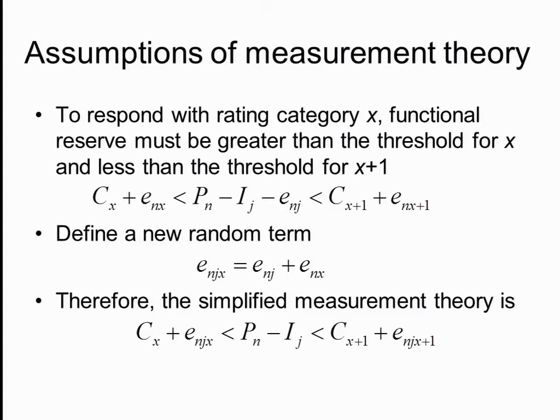Okay, so that's the theory. All the Rasch, IRT, confirmatory factor analysis, all the stuff you're doing starts here. And every one of those things can be derived from this simple equation simply by making specific assumptions about the distribution of the random errors.